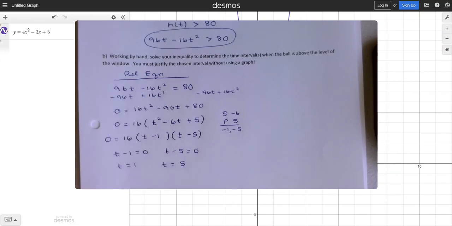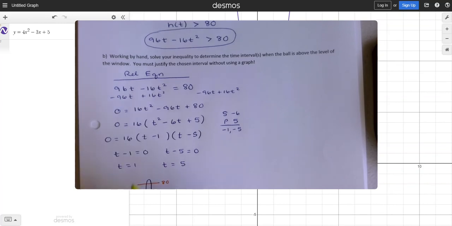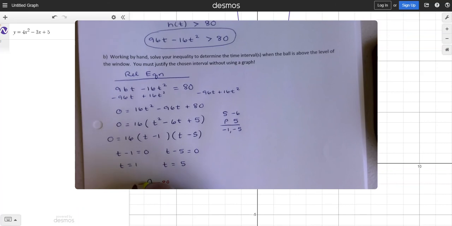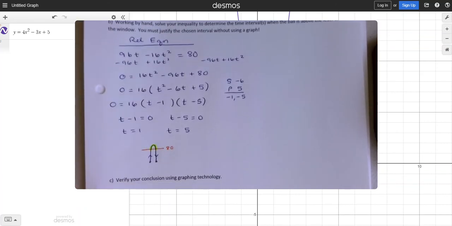and t equals 5. Now logically, I know when I think about what this thing's going to look like, it goes up and back down, that if there's a window here at height of 80, the part that we're above the window logically really has to be between t equals 1 and t equals 5.